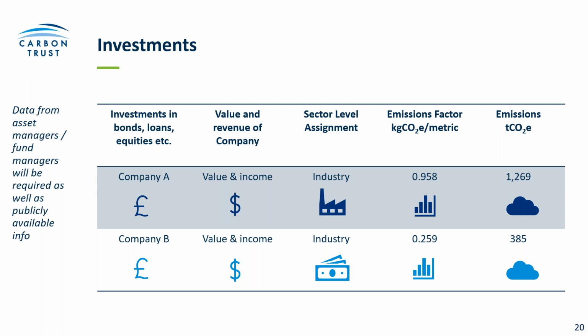But the result is that you'll have different emission factors that are representative of the operations of the company that's being invested in. So for example here, company A with a high emission factor may be from the oil and gas industry, and company B with a lower emission factor may be a company that works within the financial services space.